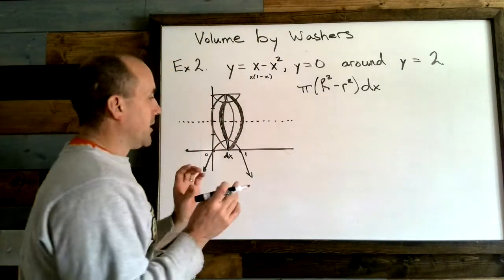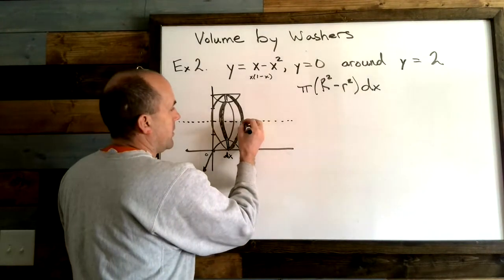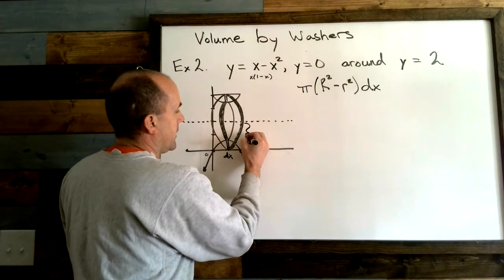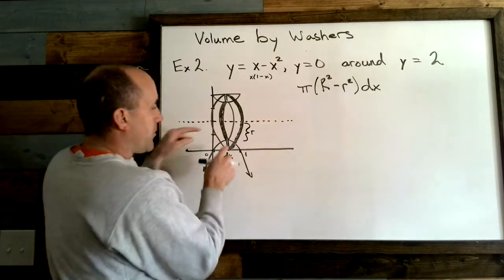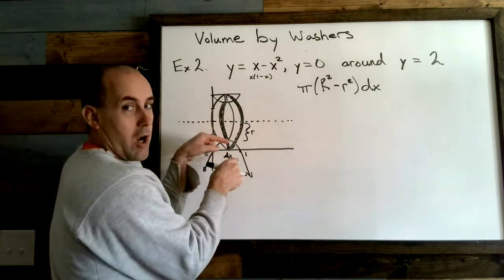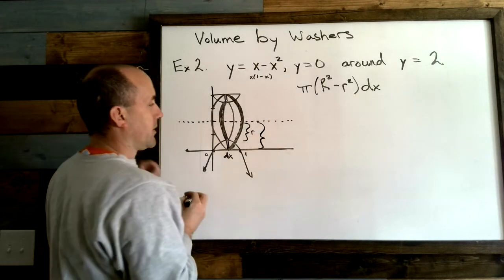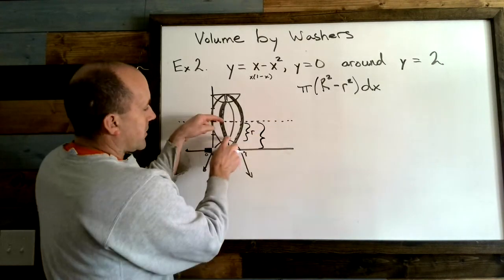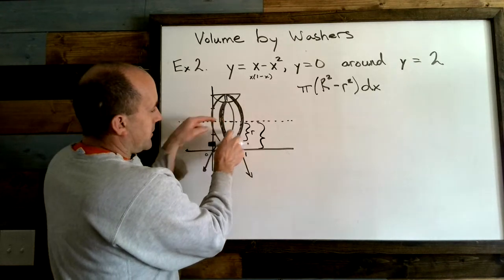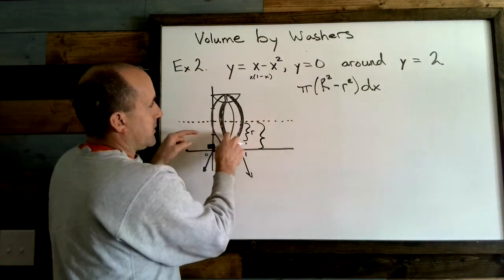All right, so let's get back here. This inner part here is my little radius. Notice how I'm drawing it down here this time. That's because that's where your original area was, okay? And then this is my bigger radius, okay? That smaller radius is this distance right there. What is that distance?